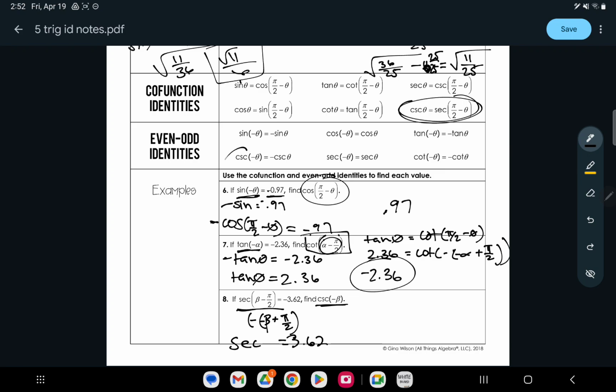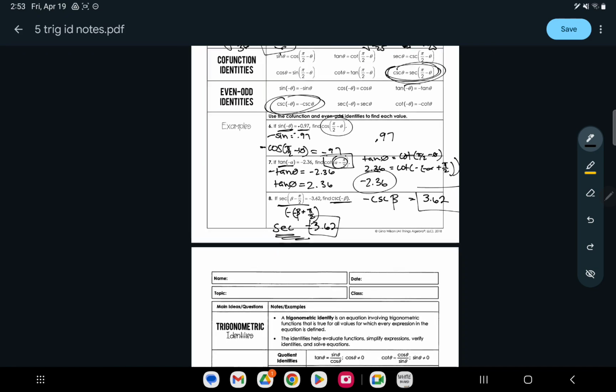So I need that, but then I also need this. So cosecant of negative beta is going to be negative cosecant of beta. Well, cosecant is secant, which is right here. And I didn't even have to do anything else because I already turned it into the positive we need. So there we go. And I think that's it.